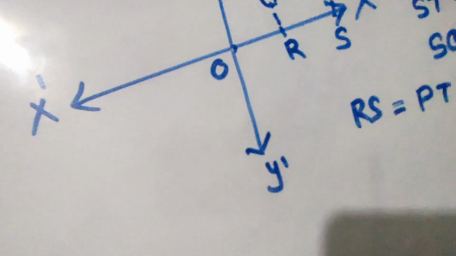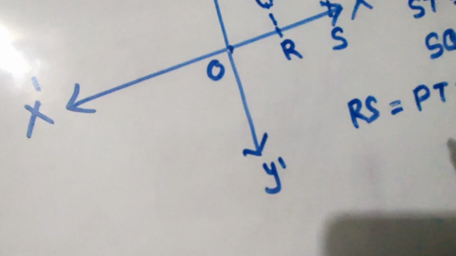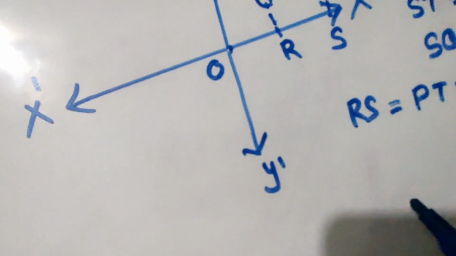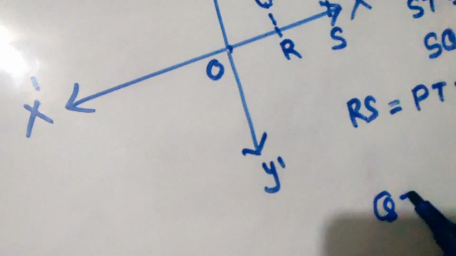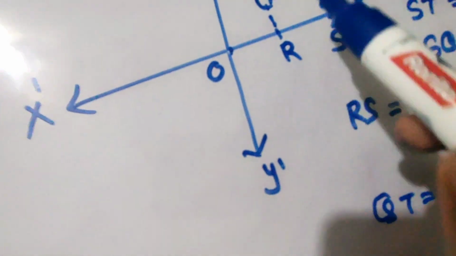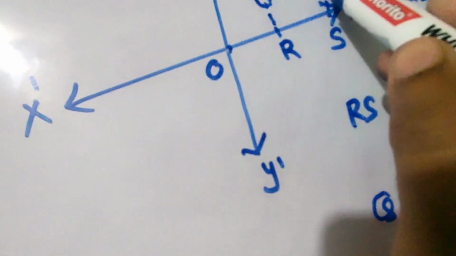Then what is QT? Same, y2 minus y1. And think this is a right angle triangle.